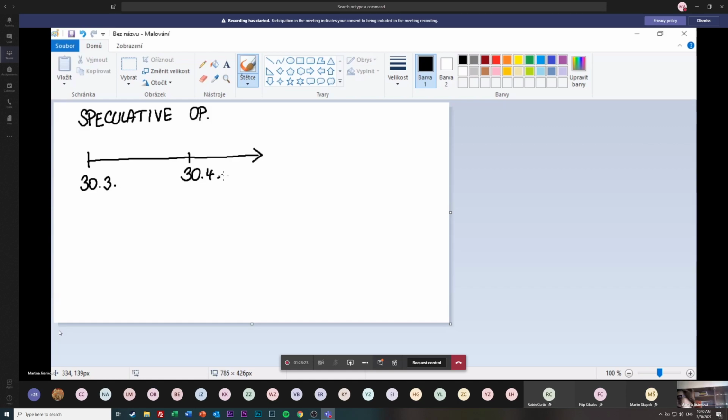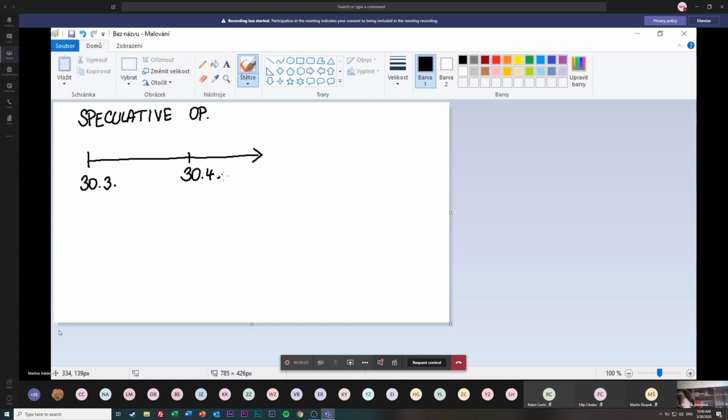I also know the forward rate, it's 34. So I'm a speculator and I think there will be an increase in the spot rate from 33 to 35.